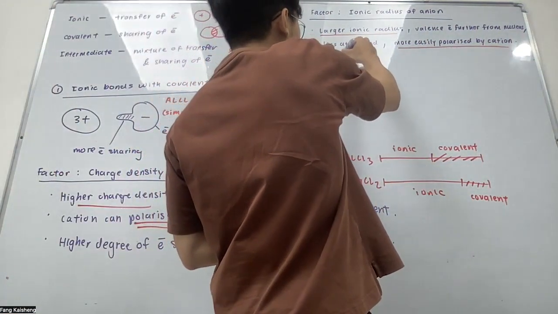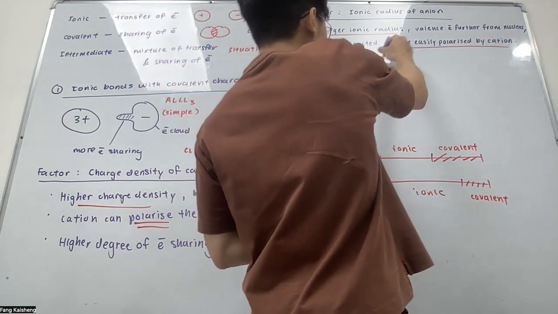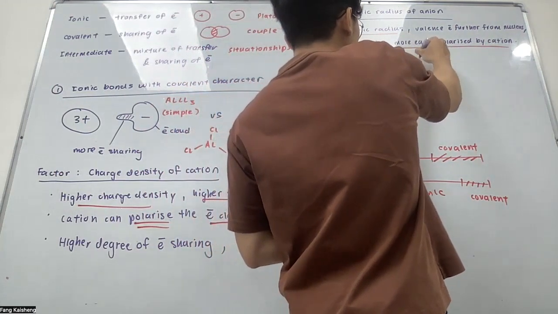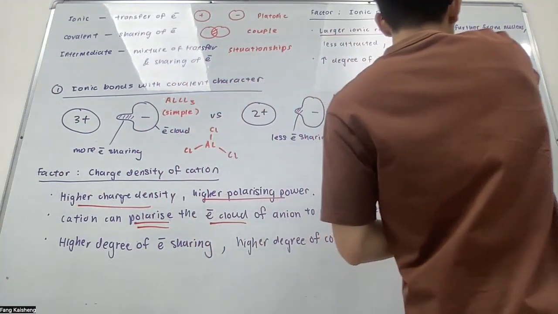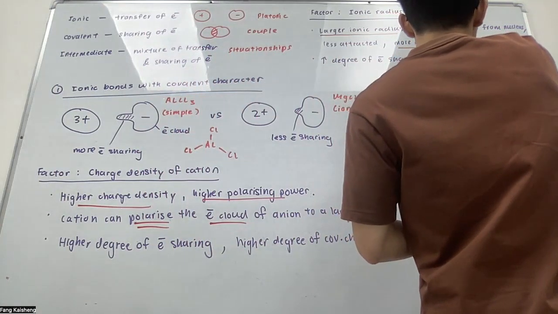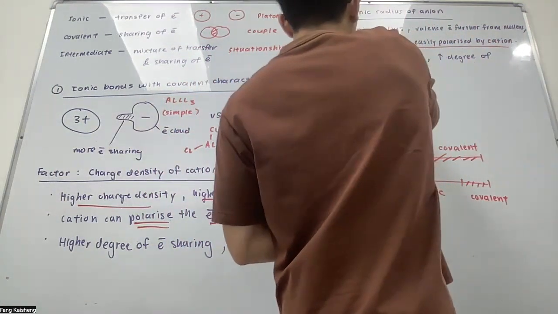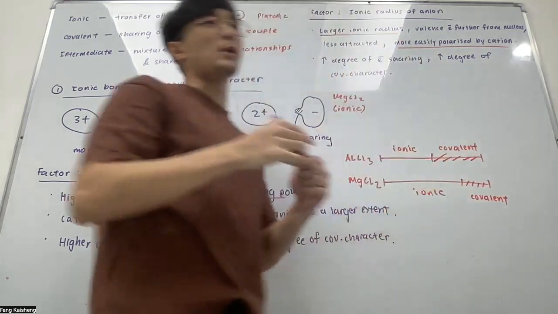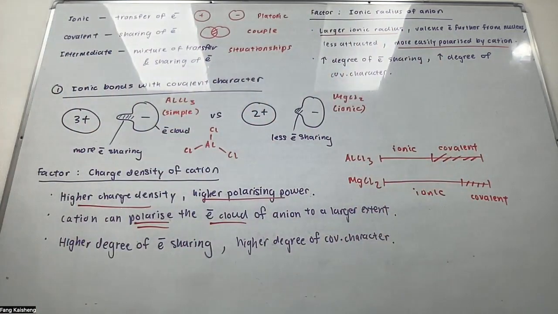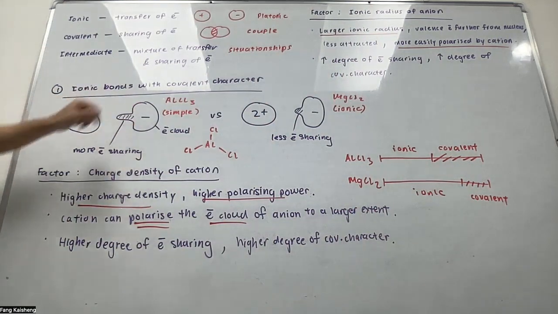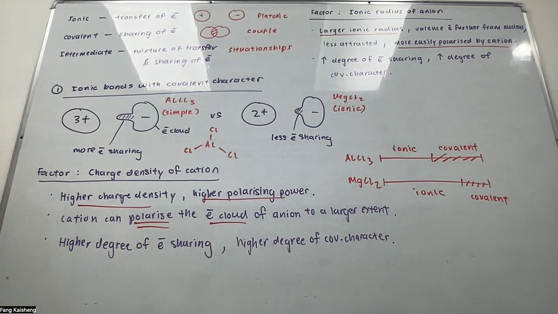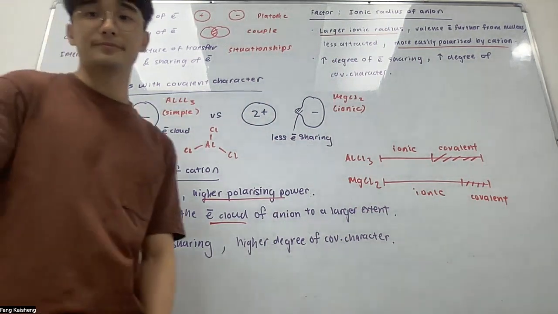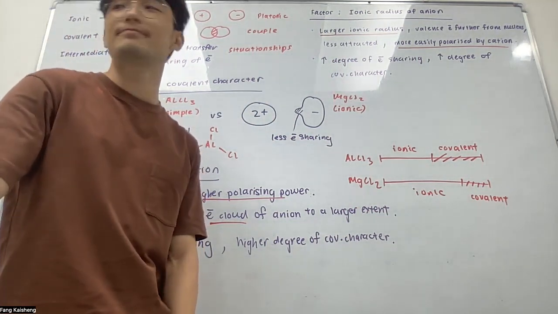A higher degree of electron sharing, which leads to a higher degree of covalent character. There will be questions on the next page which will showcase this. Now we just compared the cation just now. The size of the anion will also affect it.